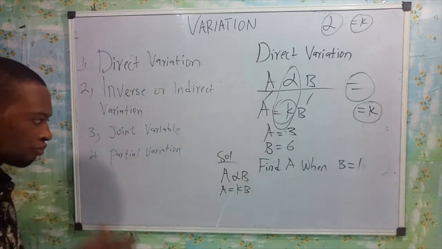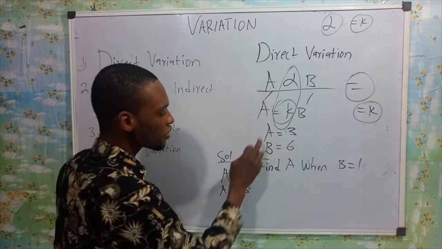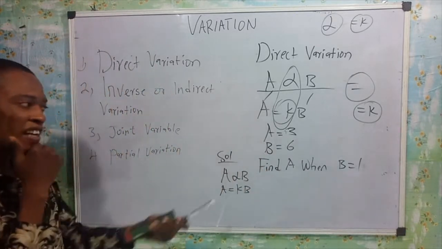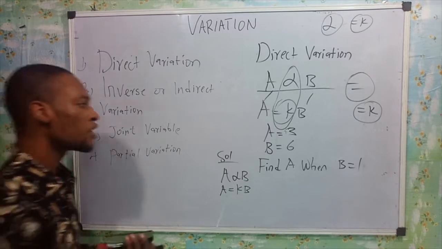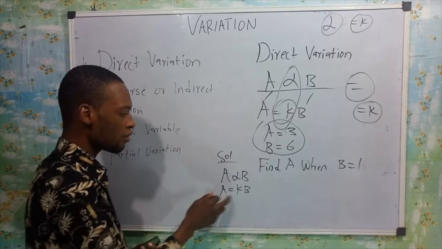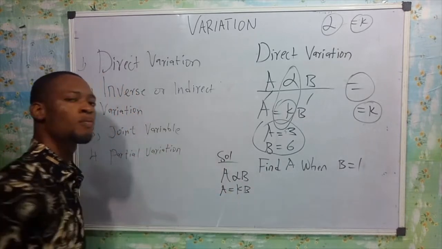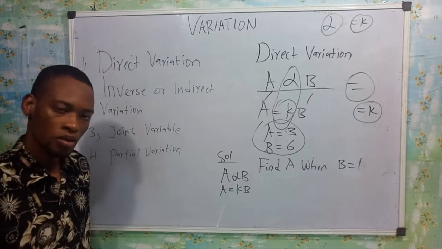Then the first statement gave us A and B. They are now saying we should find A when B equals 1. From the first statement, we have A and B, but we don't know K. So what you do is find K, which is the constant.